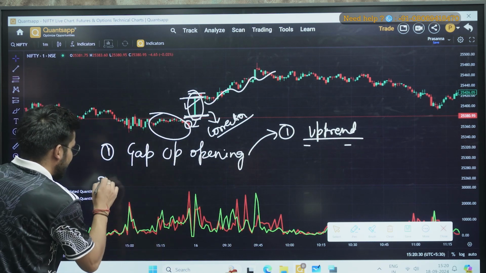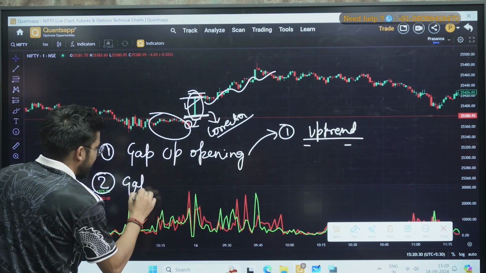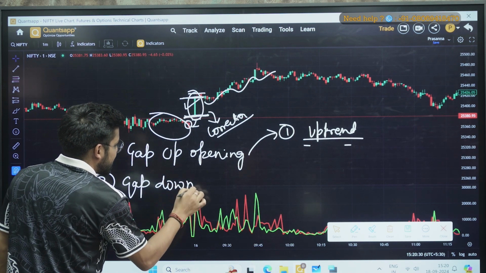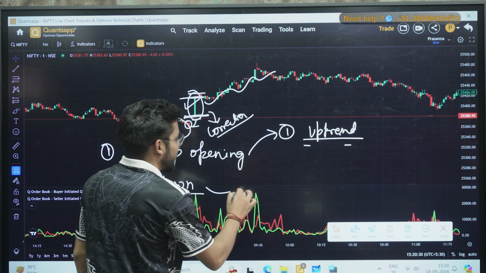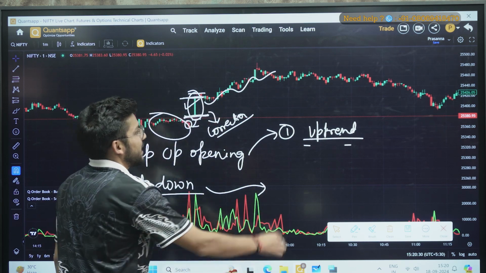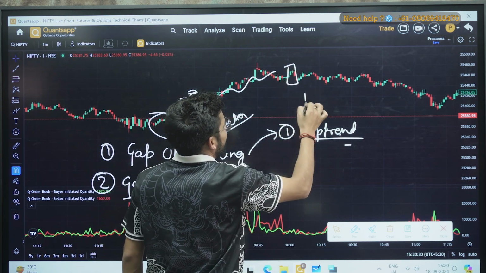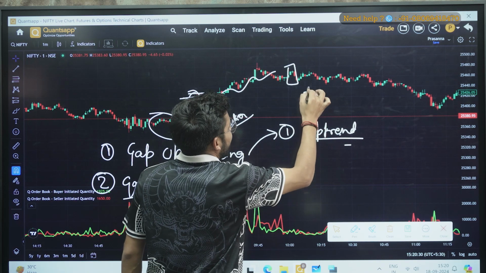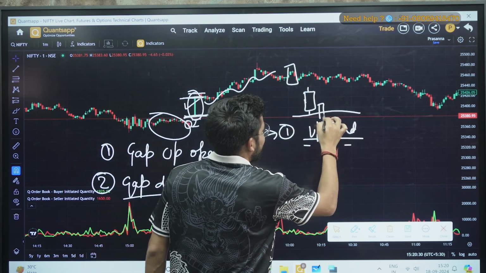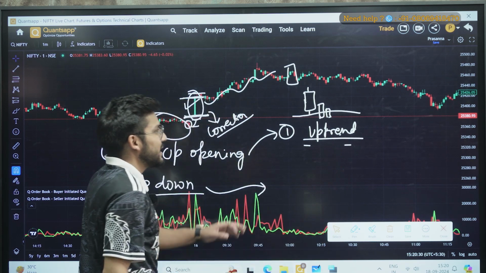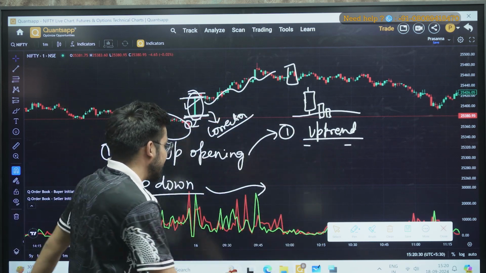Now the second thing is when the market is gap down open. If the market is gap down open, then you have to analyze, for example, this was the previous day candle and your market opened here. Now if the upcoming candles break the low of this first candle, then you will conclude that the market is in a downtrend at that time.